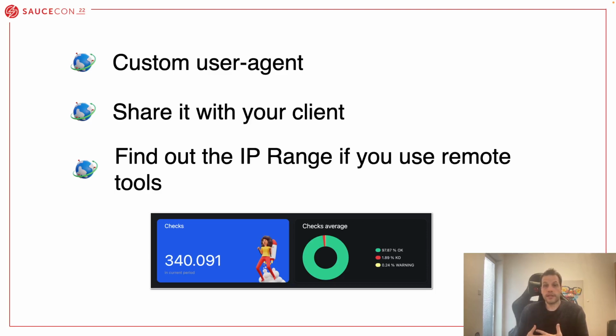Also, if you are using remote tools, you will need to find out their IP range to be recognized. Double checking is never a bad idea. If you can use both user agent and IP range, it will be much better. Imagine this customer who performs nearly 1 million tests per year.